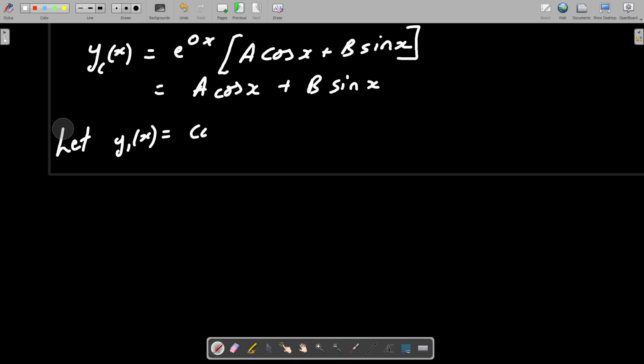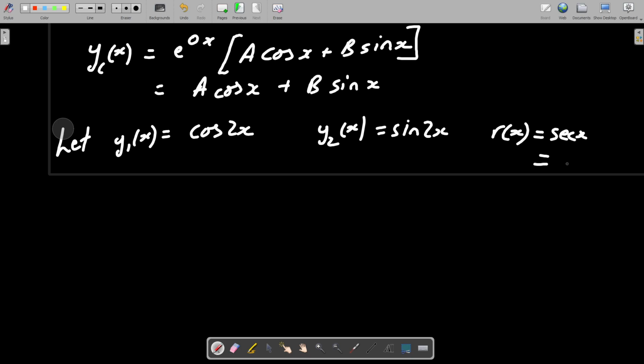Let y1 of x be the first term here, cos of x. y2 of x will be equal to sin x, and r of x for this problem is sec x.